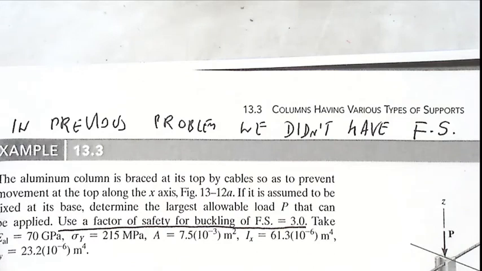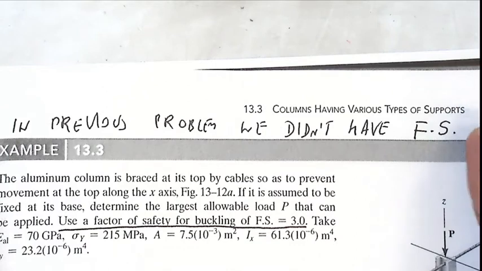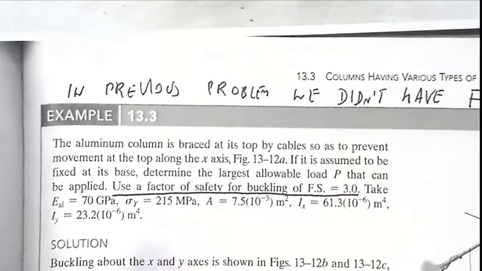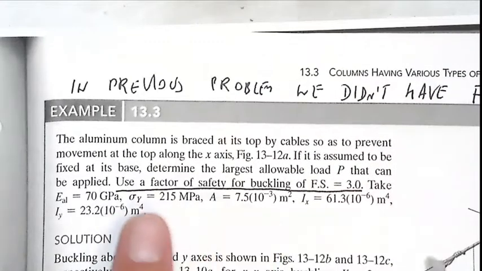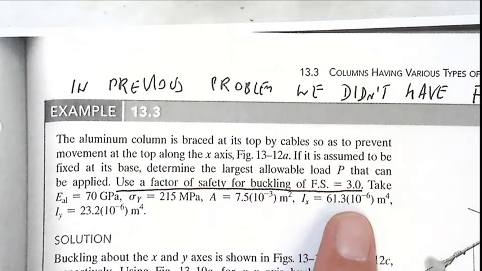There is a code, and the code says factor of safety. The European code says either factor of safety or level of reliability. Anyway, you have to follow the code. So this problem is more realistic because there is a factor of safety for buckling, which is 3. Pay attention, 3 is not a small number.